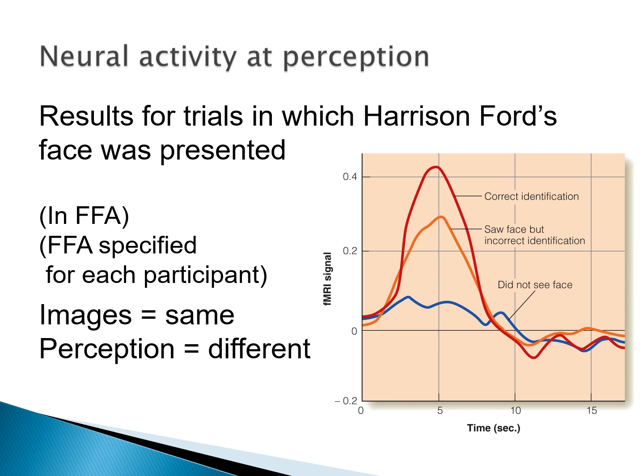If they didn't even see a face, we see the activation of the blue line. So really almost nothing, almost no change. If they saw a face, but they weren't sure which face it was, the neural activity measured is on the orange line. So we see some activation in the fusiform face area. Again, I saw a face, but not as much as when I actually recognize that face. When I see Harrison Ford's face, I perceive it and consciously recognize it as Harrison Ford's face.